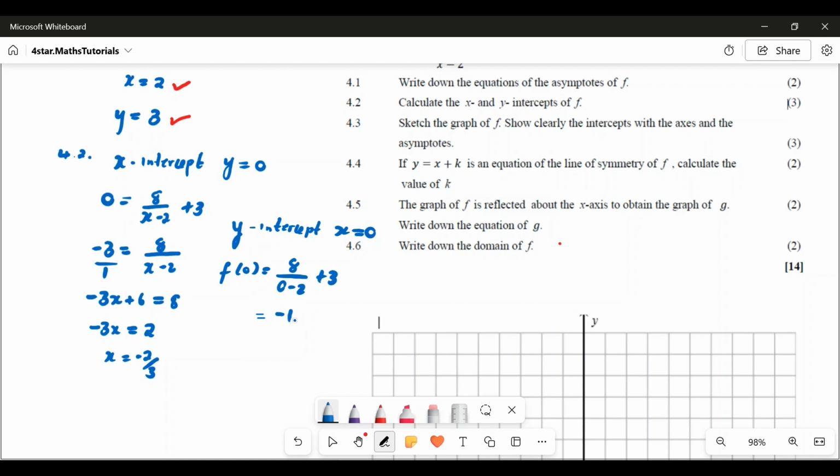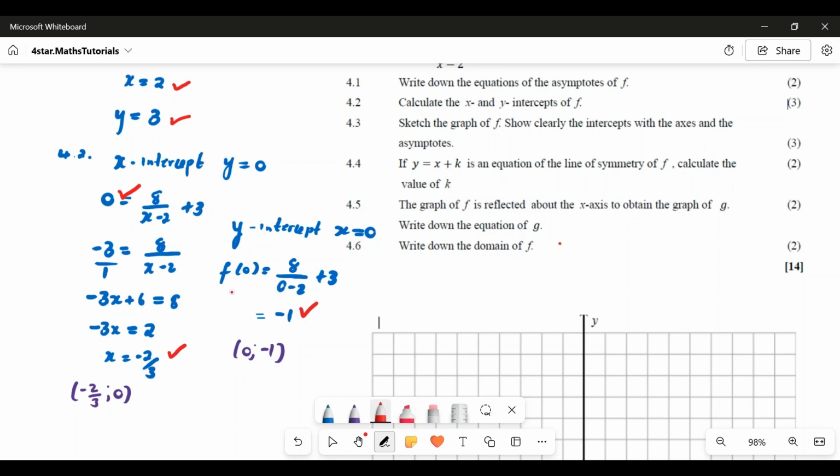Then this is the x-intercept and the y-intercept. So if they say I must write down the coordinates, here is negative 2 over 3 and 0. The coordinate here is 0 and negative 1. So let's mark. We need to give it 3 marks. 1 mark, then 2, then this is 3 marks.